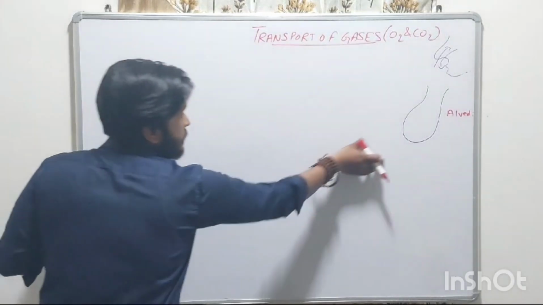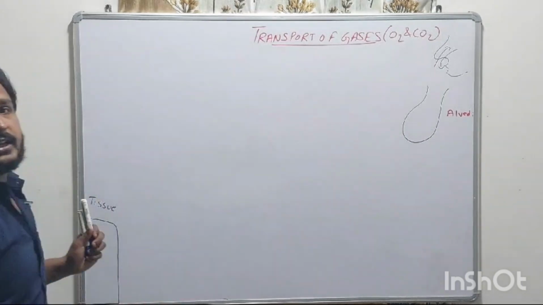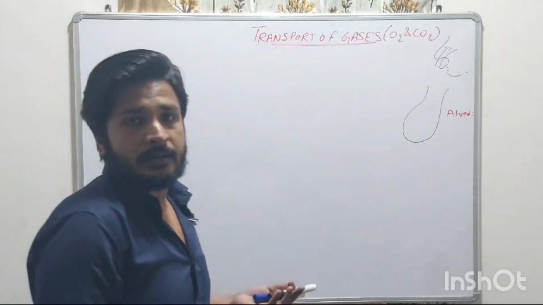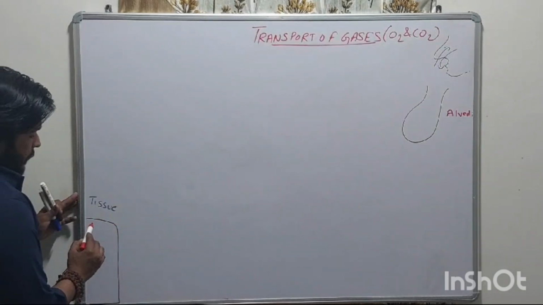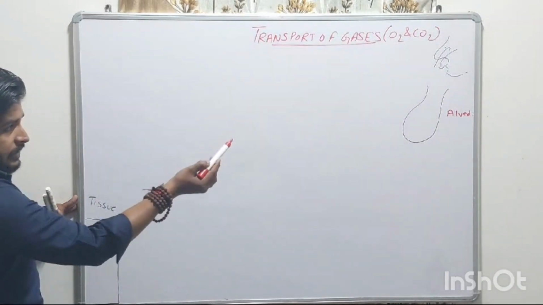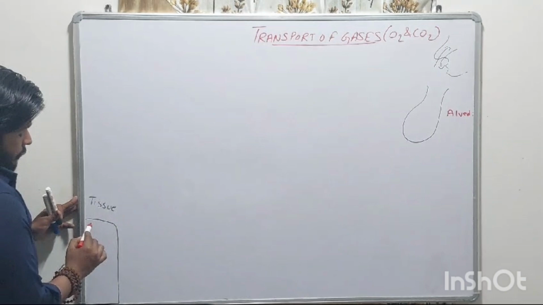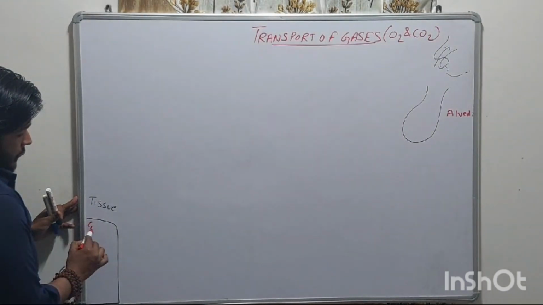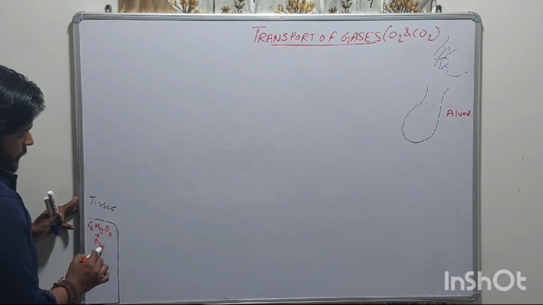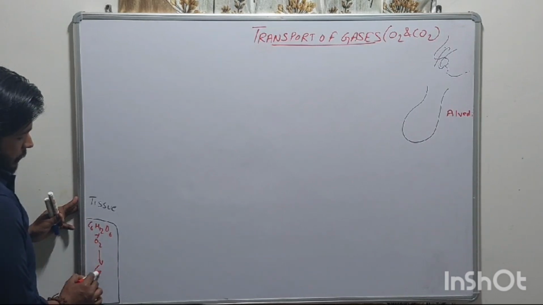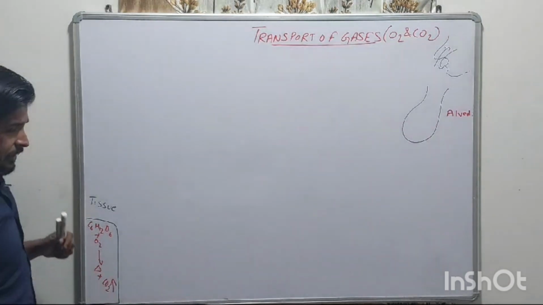And between these, the gases are transported with the help of the blood. Now, when the oxygen is received by the tissue, we will start from here. The glucose, in the presence of oxygen, is broken down into energy, and it will release CO2.